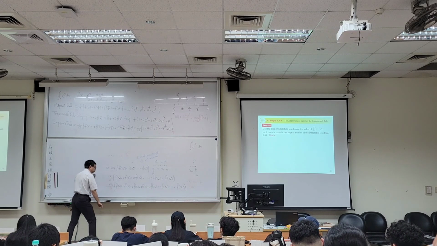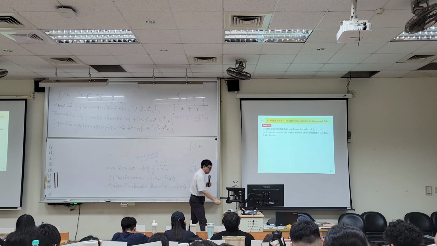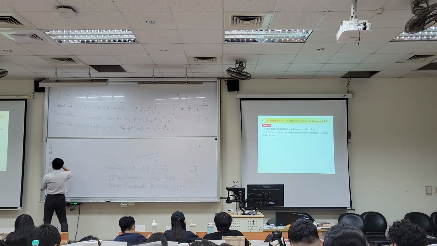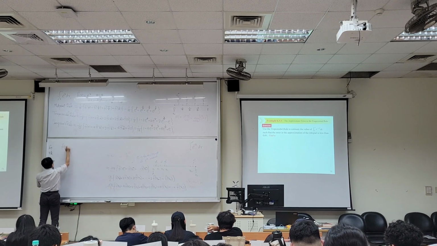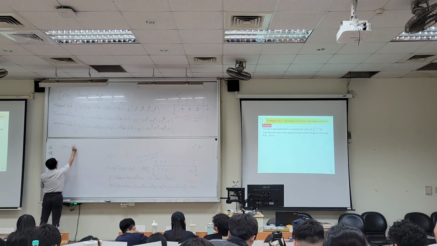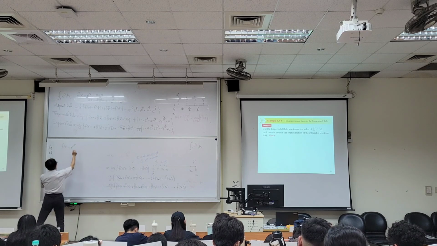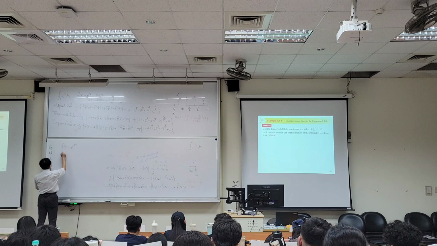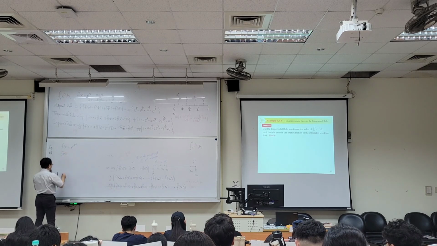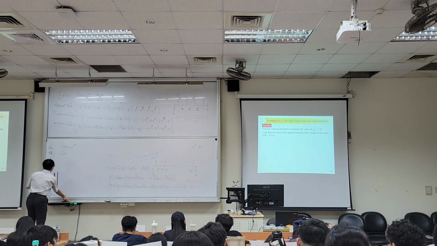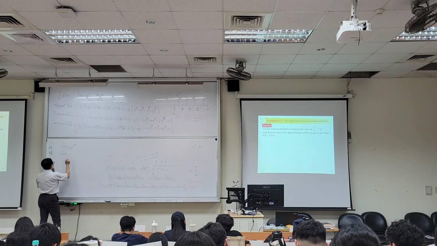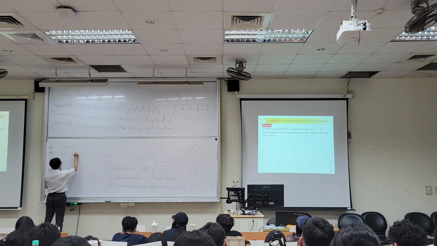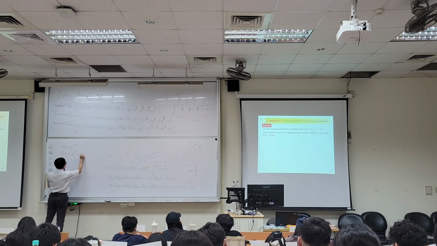So find n. f(x) is equal to e to the minus x squared. We need to find the second derivative. The first derivative will be e to the minus x squared multiplied by minus 2x.